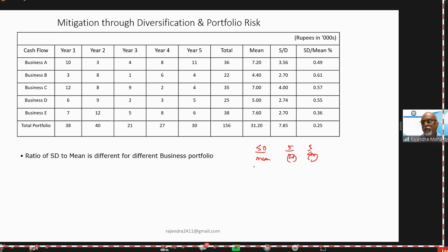Mean is more, so which is less? When mean is more, your risk is becoming less. That is not a question they will ask. The only thing you should remember is the percentage of risk, and risk is calculated through the SD by mean ratio. That's all.